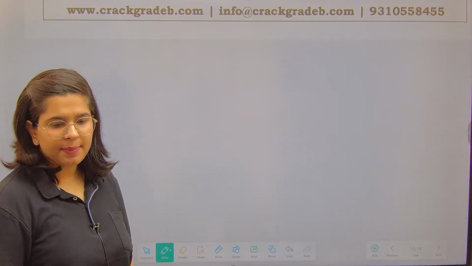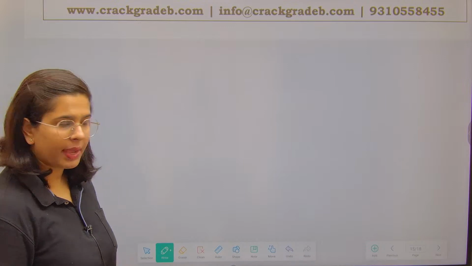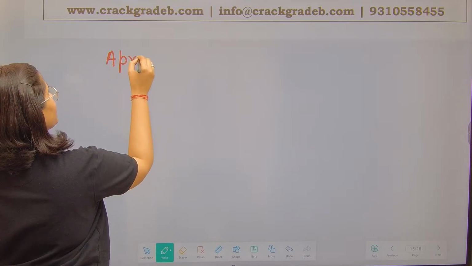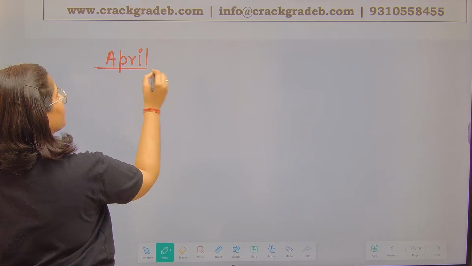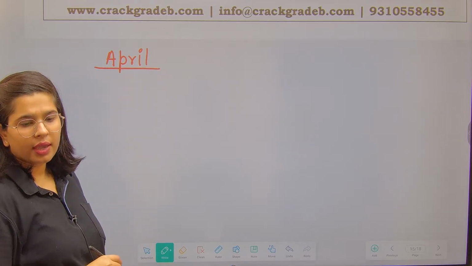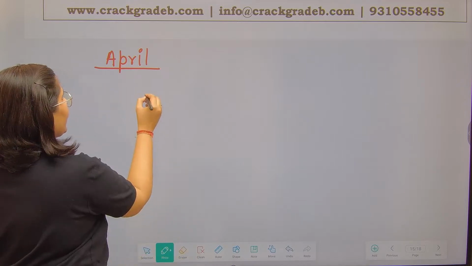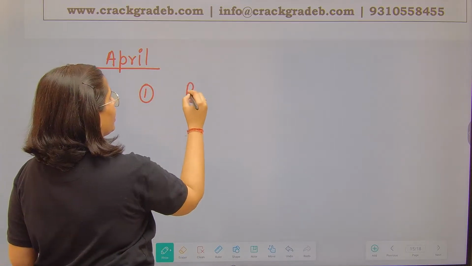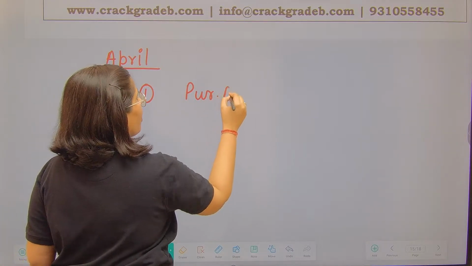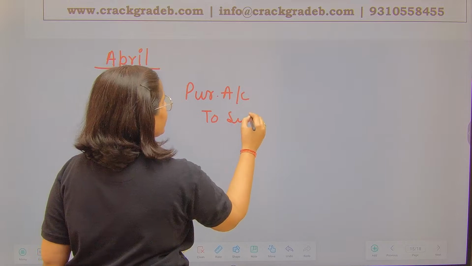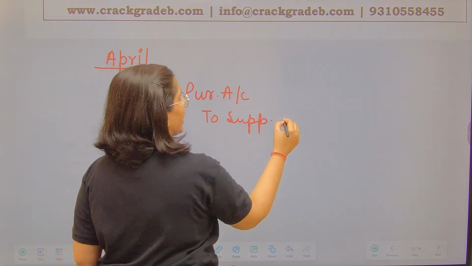See, this is the month of April. I'll just quickly explain this. In the month of April, I am doing many transactions. Like I have purchased goods on credit. So what am I going to do? Purchase account debit to suppliers account, because I have not paid cash.